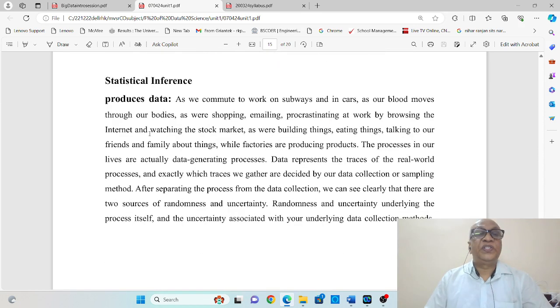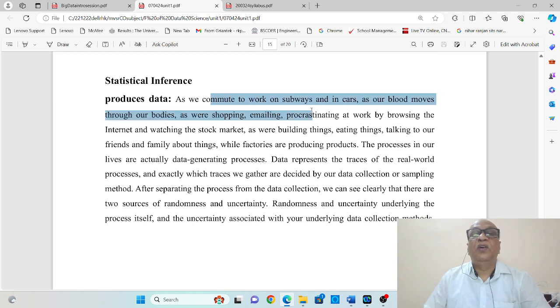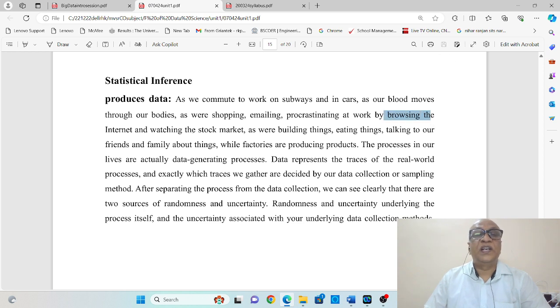Now coming to the topic statistical inference. As we perform various activities like commuting for work, blood samples, going shopping, sending emails, browsing the internet, stock market, eating, talking, all these activities will be producing data. These are the processes in our lives, and these processes are generating data.